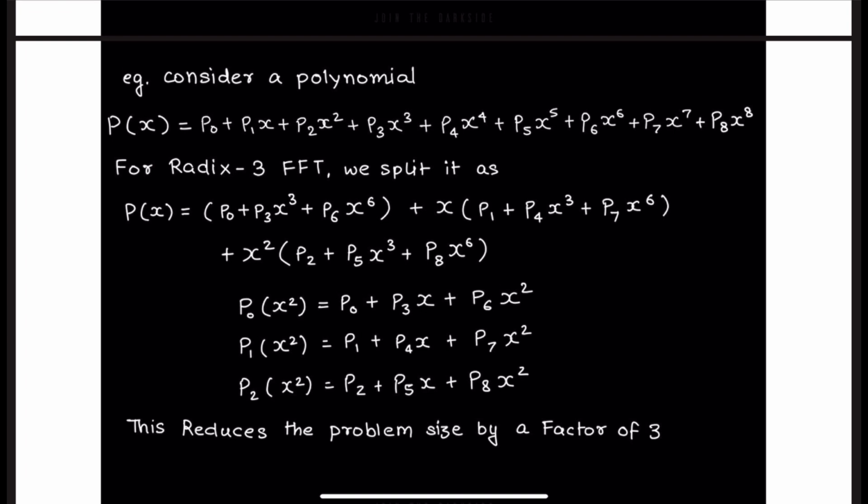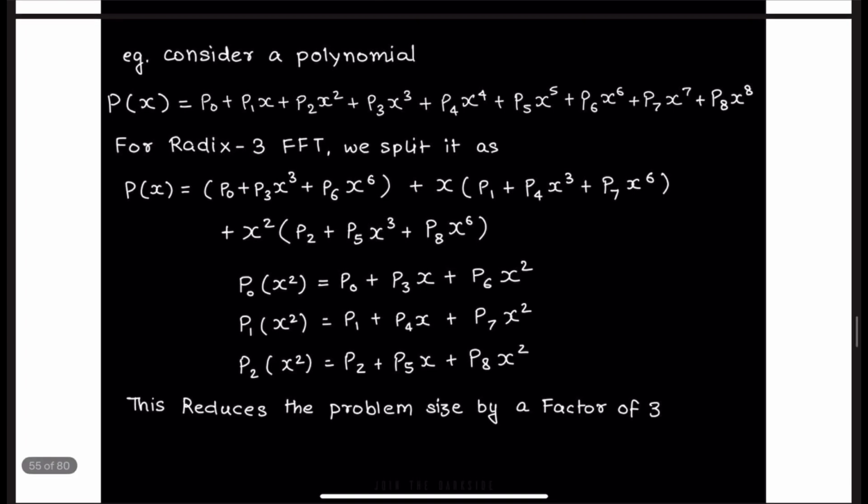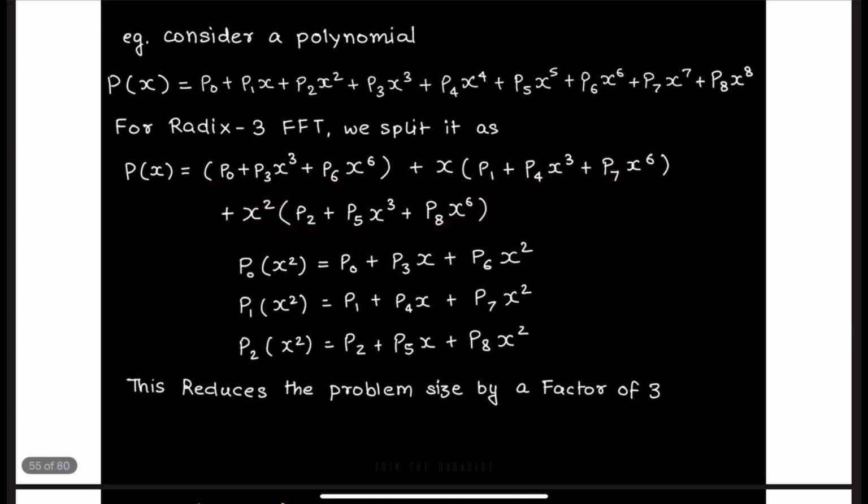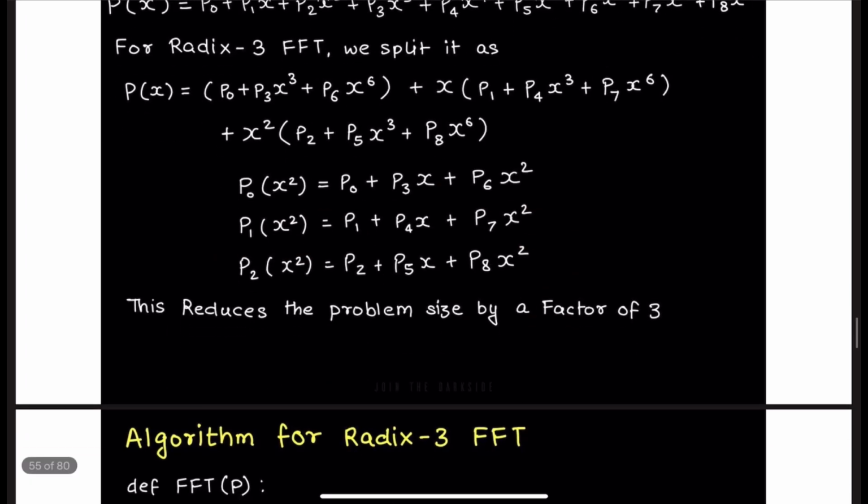Here's an example for that. So we split it into three parts, and we compute the following values. This reduces the problem size by a factor of 3. So it would be like this.